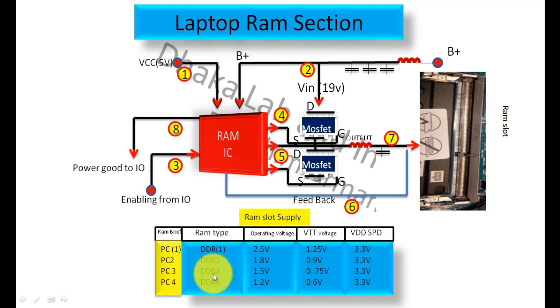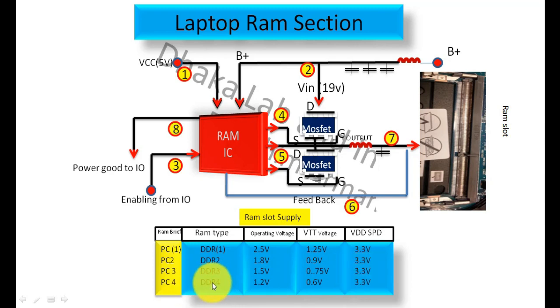For DDR3 RAM, PC3 will be the other name, and the operating voltage will be 1.5 volt, and VTT will be half, that is 0.75 volt, and VDD SPD will be 3.3 volt.